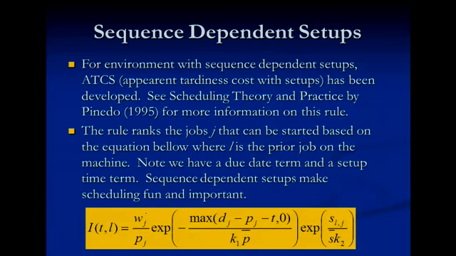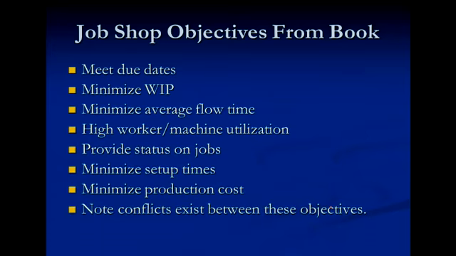The weight term says do the job with the most importance first. Dividing by the processing time says do the shortest job first. This next term is based on the due date and basically tells me do jobs that are due in the near future first, and the final term is based on the setup time. And I'm not going to make you use that dispatching rule on the test.